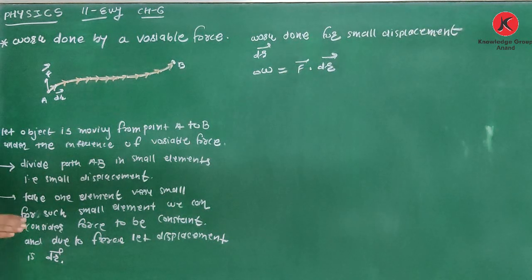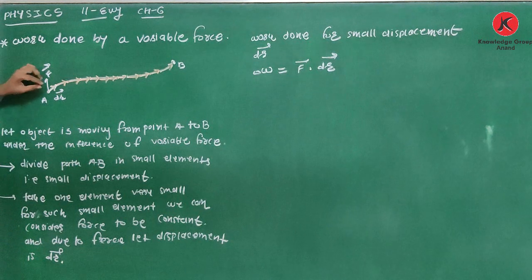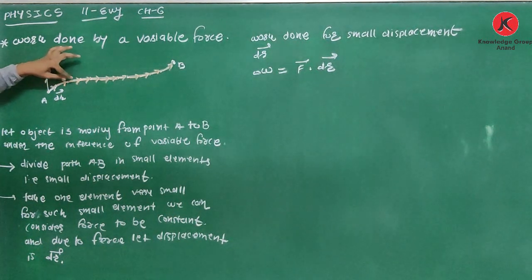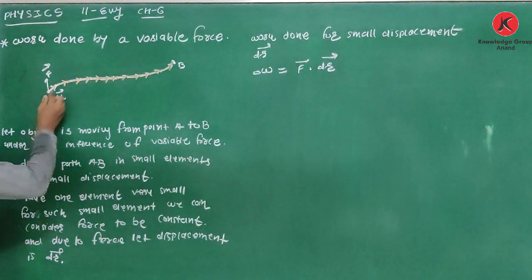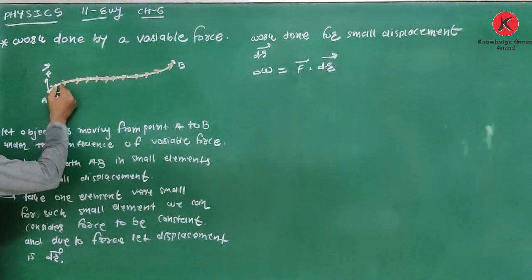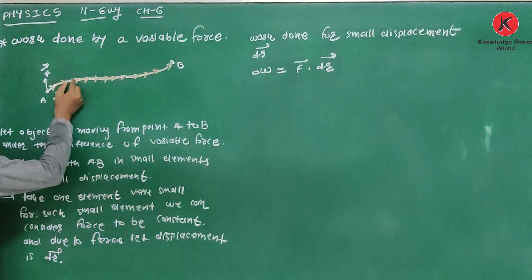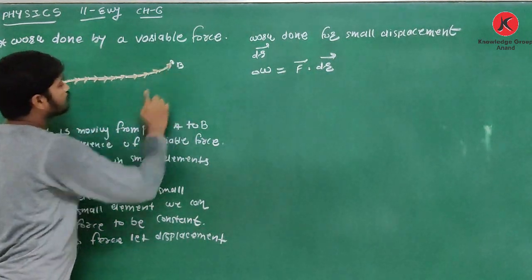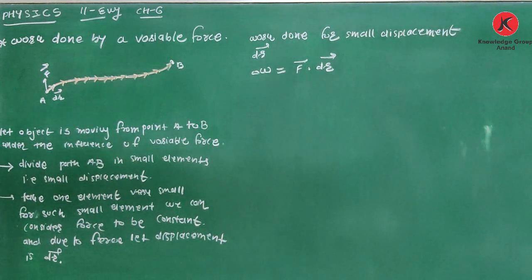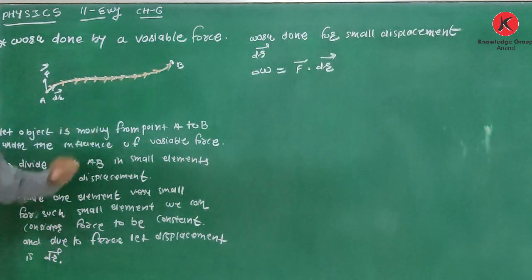If I want to move this object from A to B, initially it is displaced by displacement dr, then another displacement dr, another displacement dr. So what do I have to do? First find the work done for each displacement, and to find the total work done from A to B, you have to add all such work done. Clear?